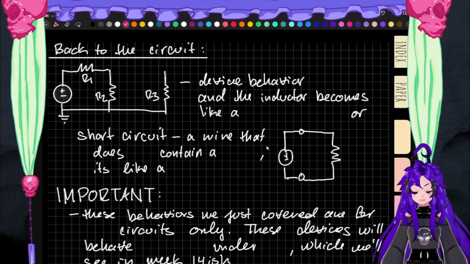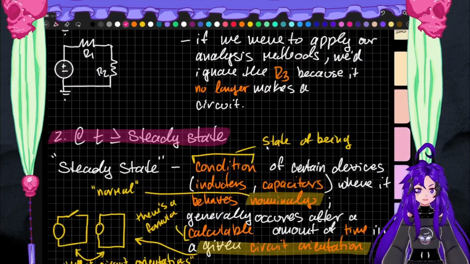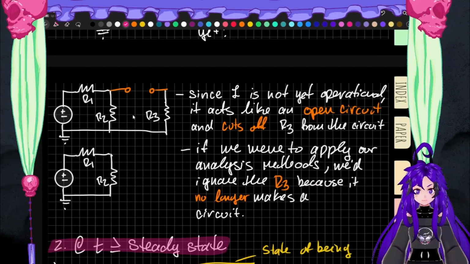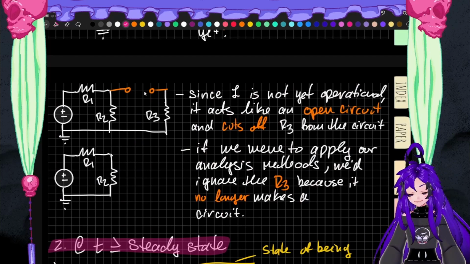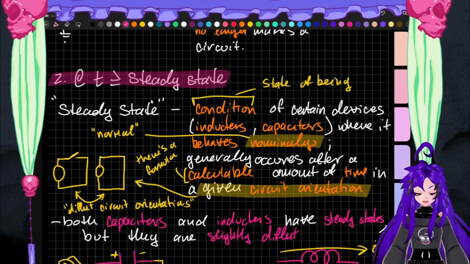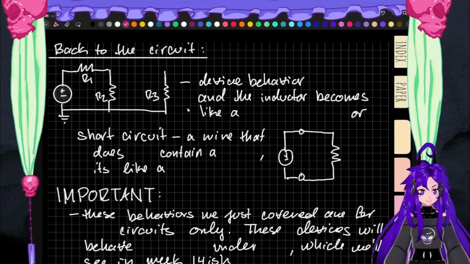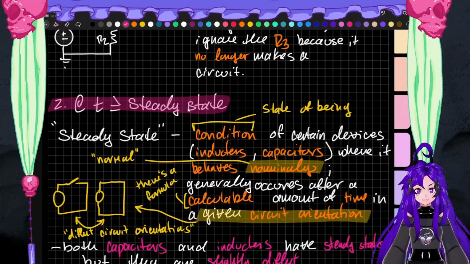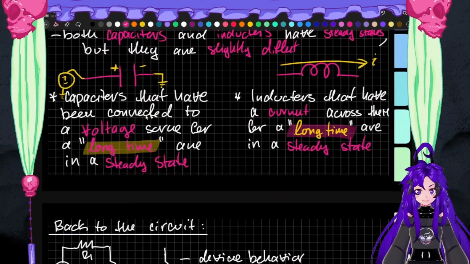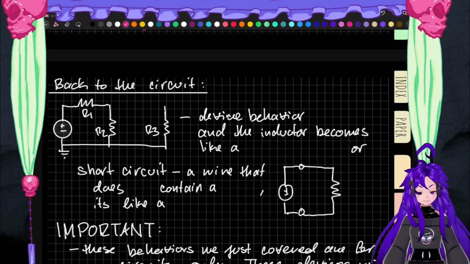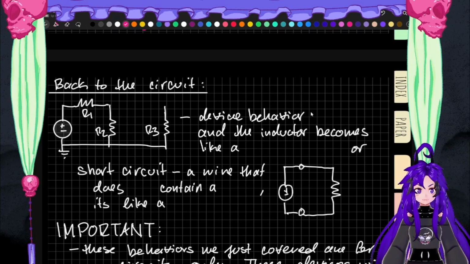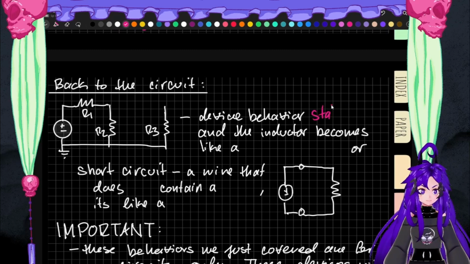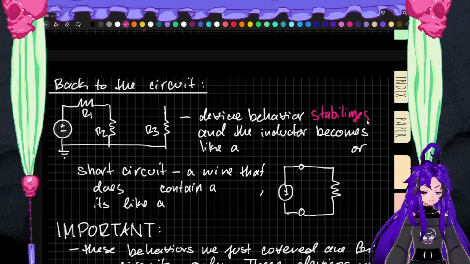So, back to the circuit. This circuit, right? This circuit that up until steady state, but not at steady state, is behaving like an open circuit. Well, now we're looking at when it reaches steady state, and all the time after that. Well, at steady state, the device's behavior stabilizes. Right?